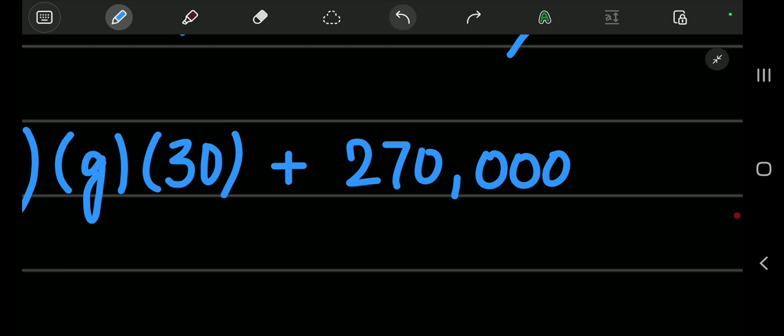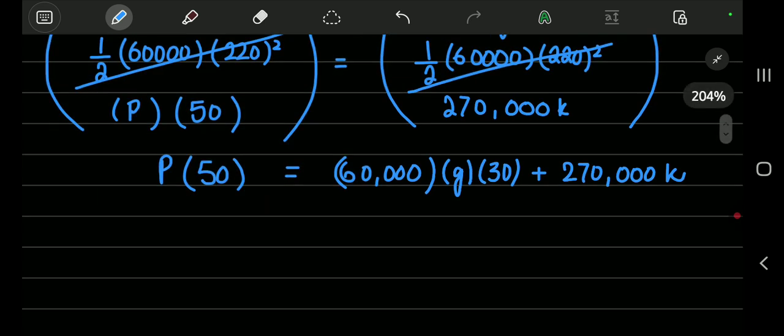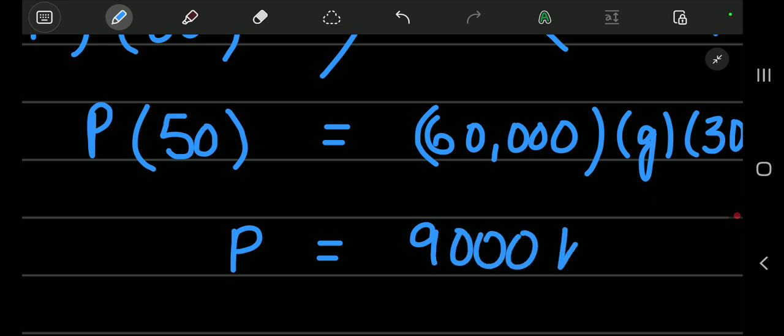Kilo means 1000, so you can add zeros or you can just solve it otherwise. So when you solve it all together, you will get power to be equal to 9,000 kilowatt.